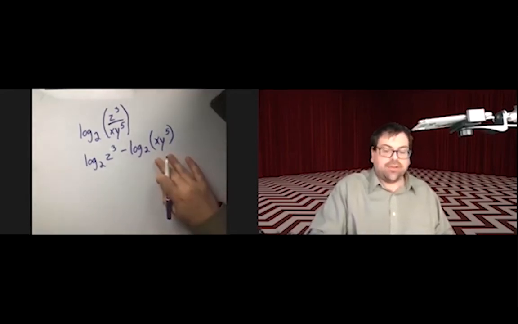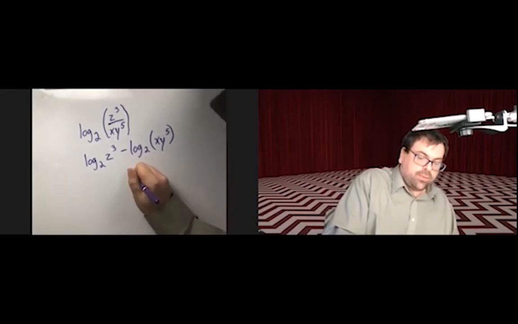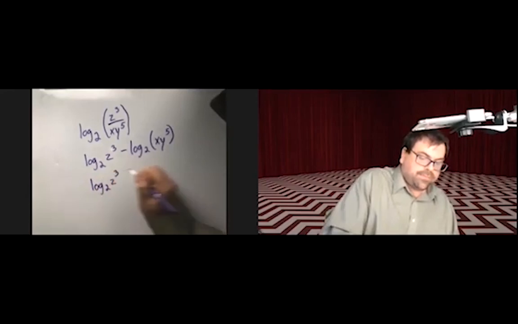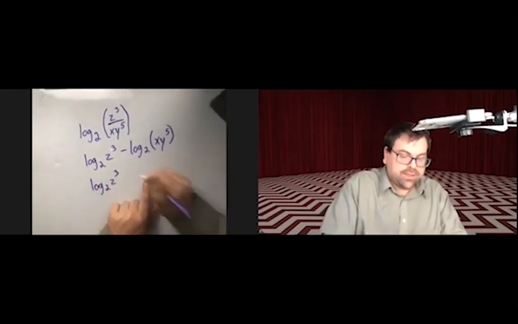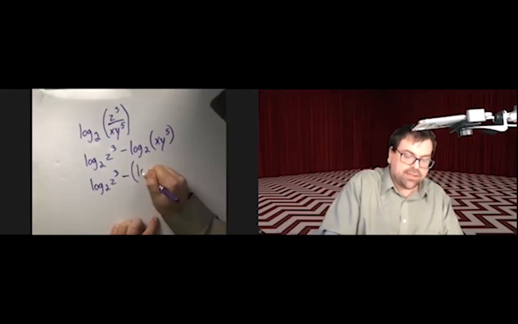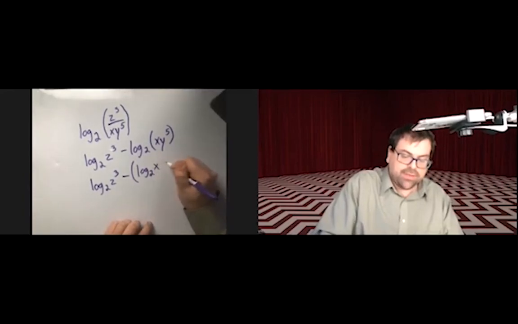Why did I leave this together? Why didn't I just make it plus right off the bat? Well, we would be subtracting the entire log, which means we're subtracting the entire addition. I wanted to point that out, that we need parentheses.